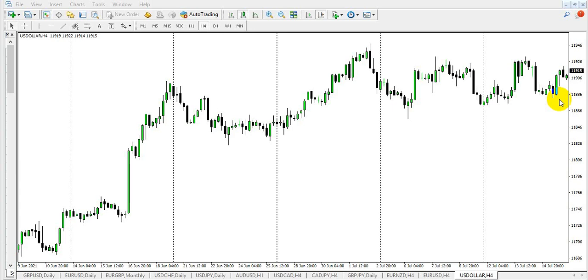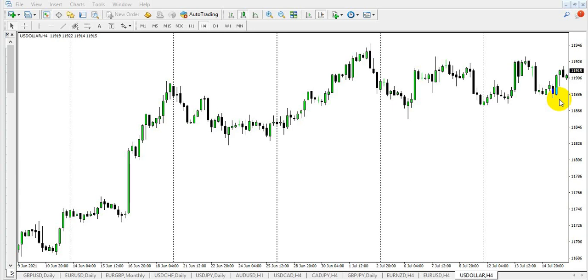In this video, we are going to be doing a comprehensive study on order blocks. In the previous class, we actually looked at a brief study on market structure and order blocks, and we talked about the three types of market structure: the bullish market structure, the bearish market structure, and the range market structure.